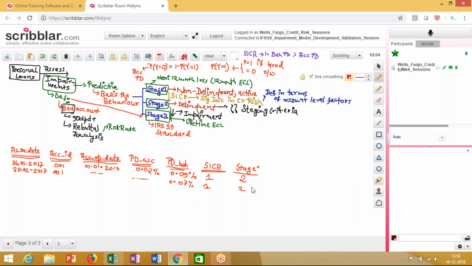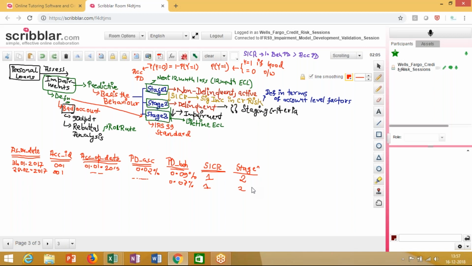It is also likely that the two models may have totally different performance behavior or different performance bad definitions. Then if you are comparing the PD then and the PD now using two different models, there can be an inconsistency. The next question is how to overcome that inconsistency and move ahead.